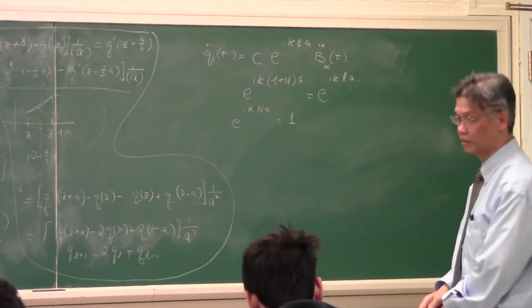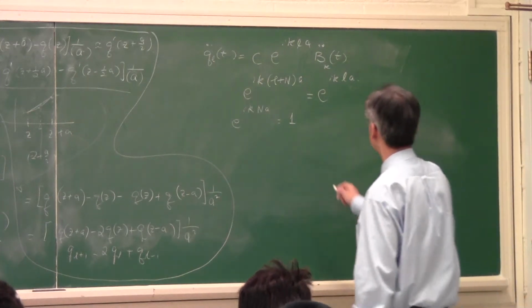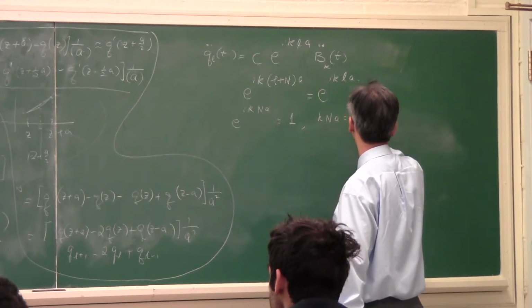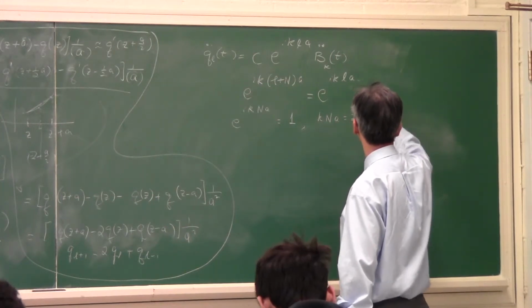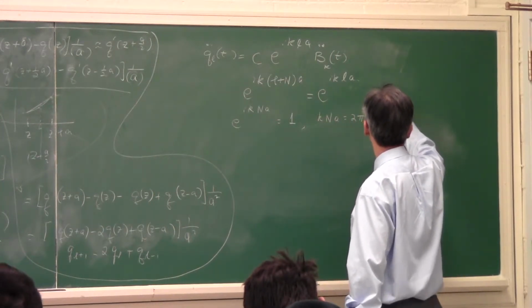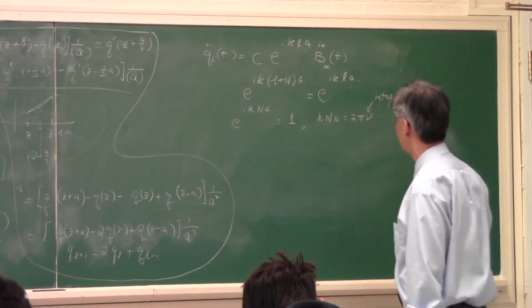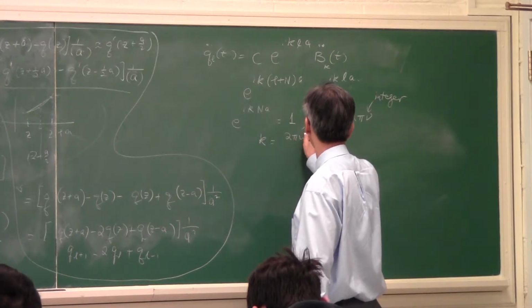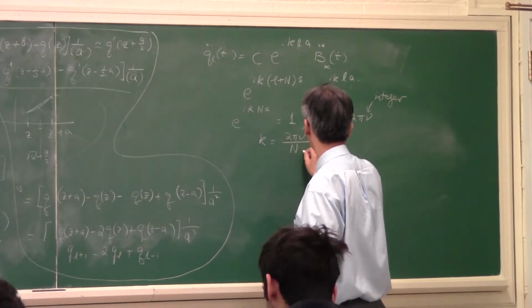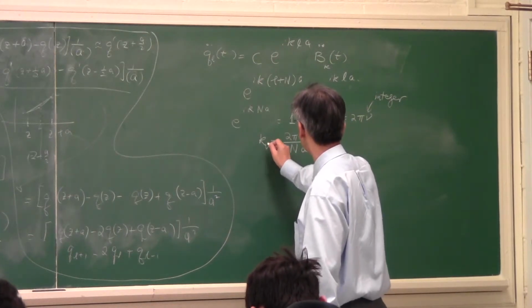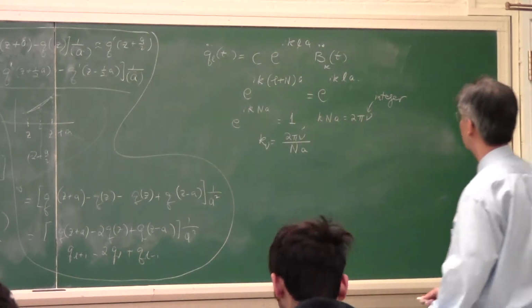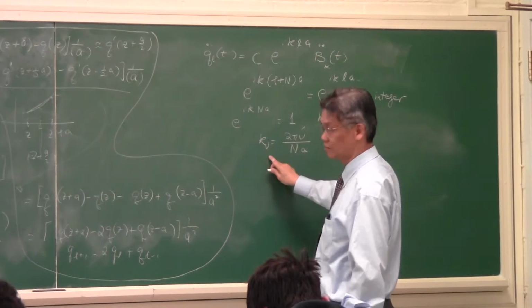That's the meaning of a periodic boundary condition, and this means that k n a is equal to 2 pi nu, where nu is an integer. So k is in fact discretized. k is actually 2 pi nu over N a. And we can index this with nu.